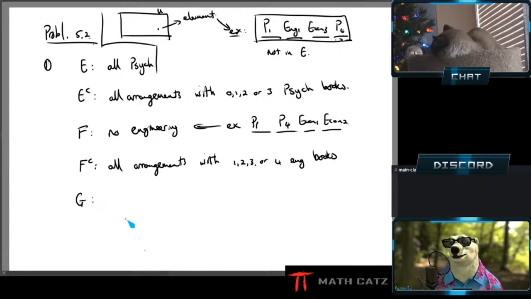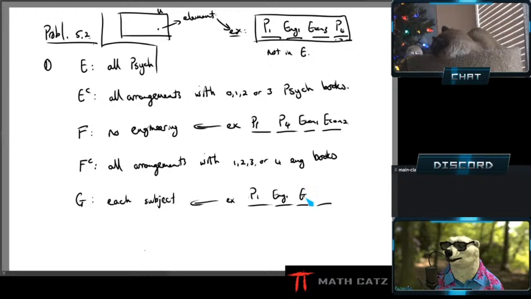G. I might not do the whole thing, but at least it'll get you started. What is G? G is the set, or the requirement, that at least one book from every subject. Each subject should be represented. For example, something that is in G, well, the top one: 3, psychology 4.